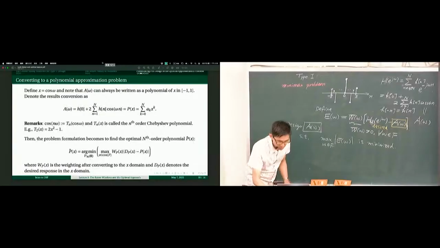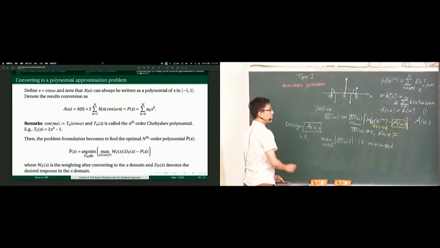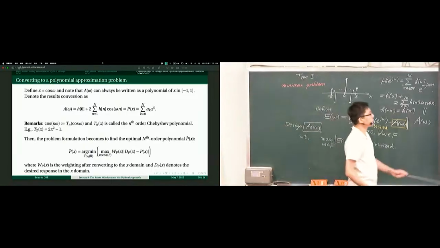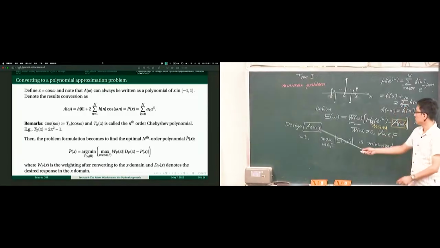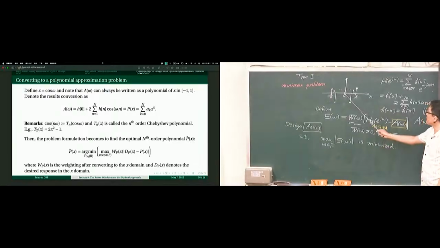What's my next slide? Okay, so in the next slide, we need to elaborate a bit on what we mean by designing A of omega. Under the constraint, how many degrees of freedom do you basically have? That's a key question to ask.